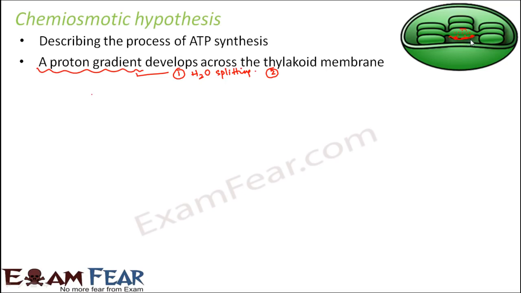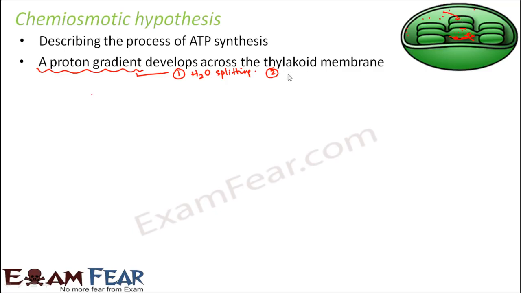While passing the electron from one carrier to another, as I mentioned before also, a lot of energy is released. This energy is used to transfer protons from stroma to the inside of the thylakoid space. Stroma is this region outside. So these protons are taken and pushed inside the thylakoid space.